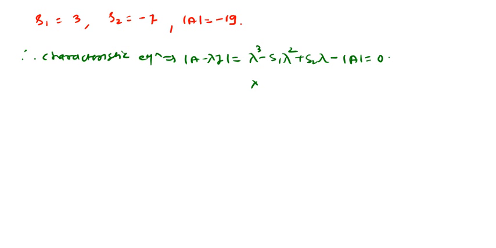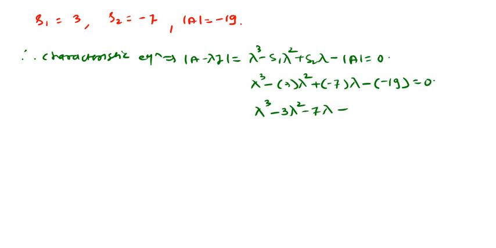So put in the values: lambda cube minus S1, S1 is 3, lambda square plus S2, S2 is minus 7, lambda minus determinant, that is minus 19, equal to 0. So finally we get lambda cube minus 3 lambda square minus 7 lambda plus 19 equal to 0. So this will be your required answer, the characteristic equation of the given matrix.